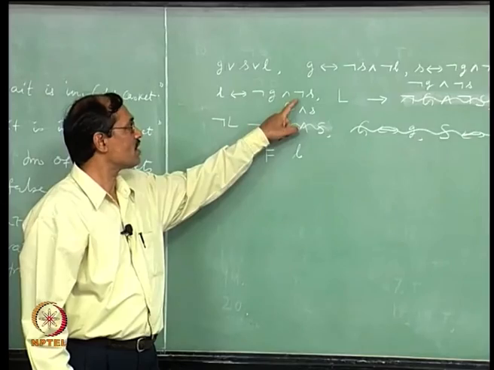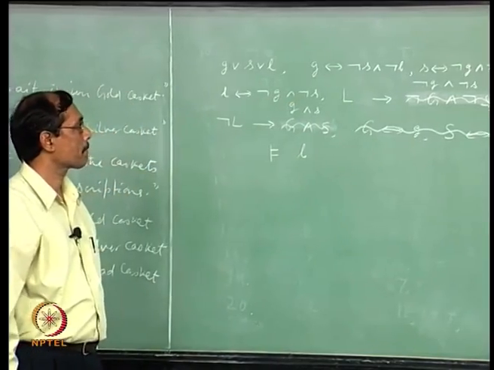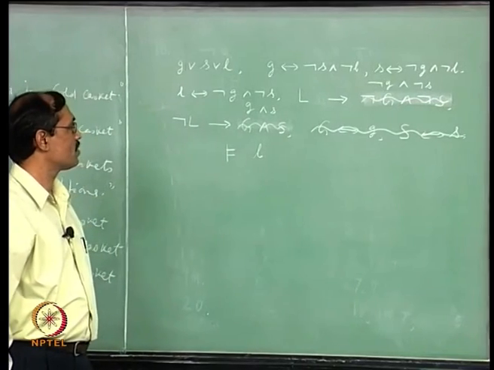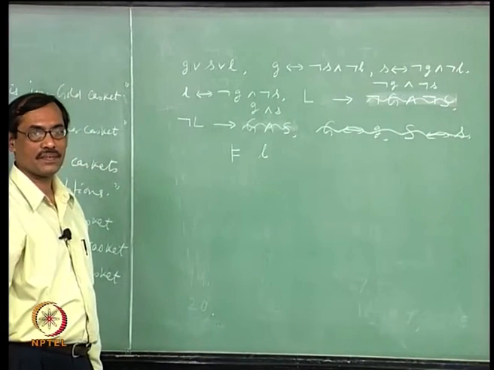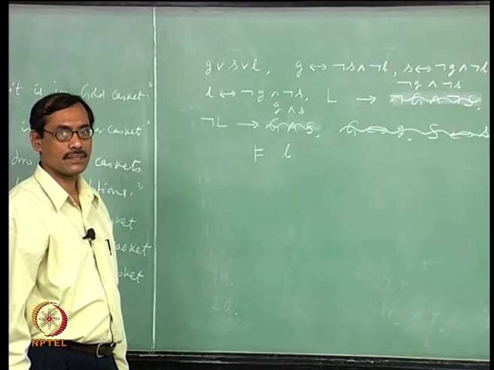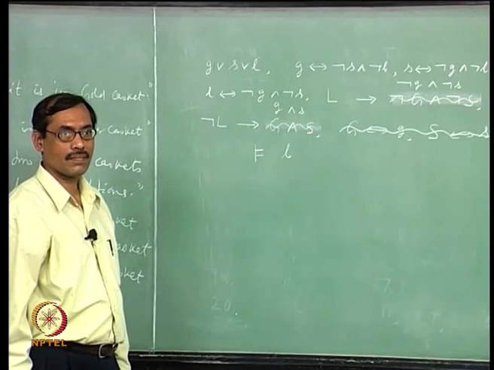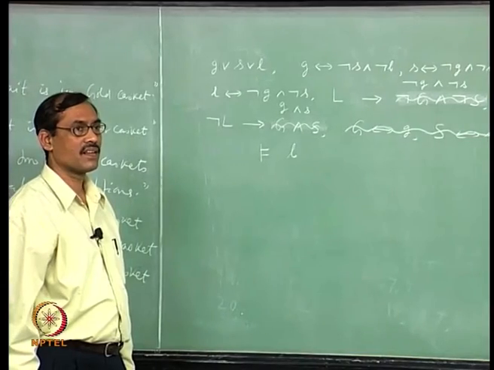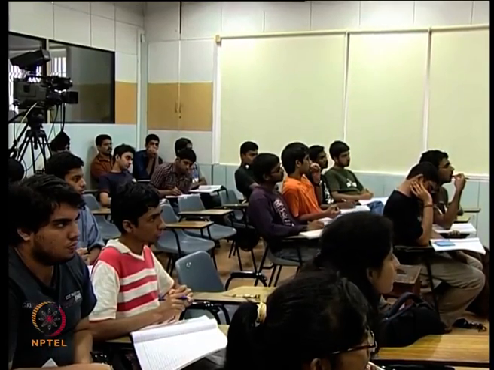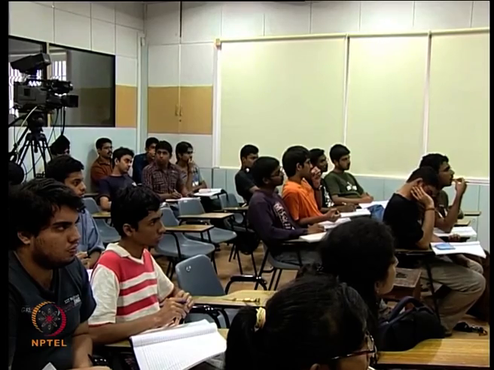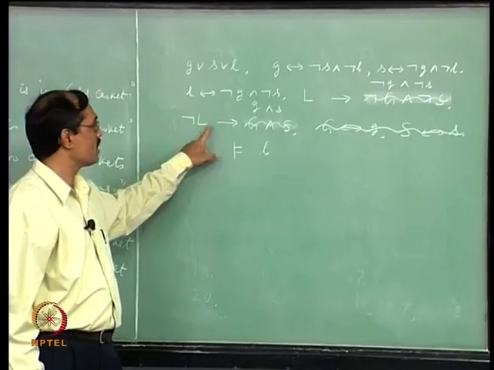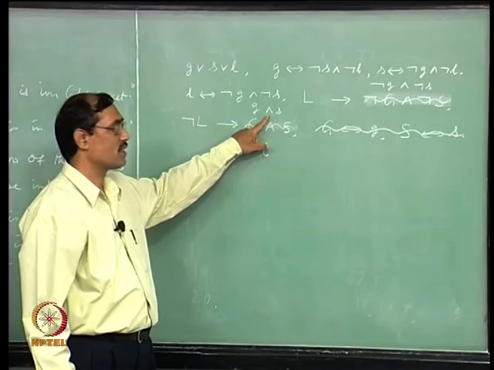Now, to give not G and not S, somewhere here or here, where to show? Which extra premise? Not L, not of capital L, let's show that it's a conflict. Not of L, okay. So, suppose we start with not L, then we get G and S, right.